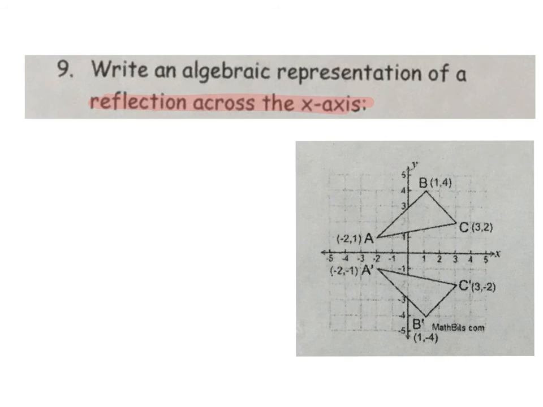So you're going to have to write the algebraic representation. X comma y. And you need to have, what's going to change? The opposite of x or the opposite of y? Only one of those is going to change. So figure out what it is and fill in the rest of it.